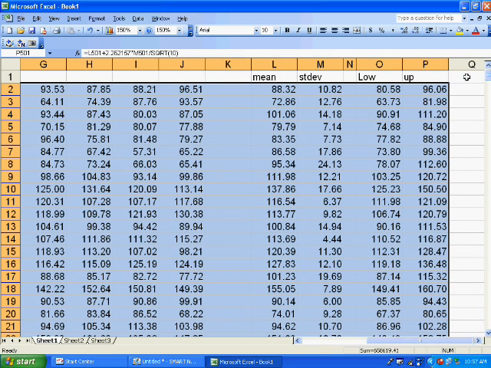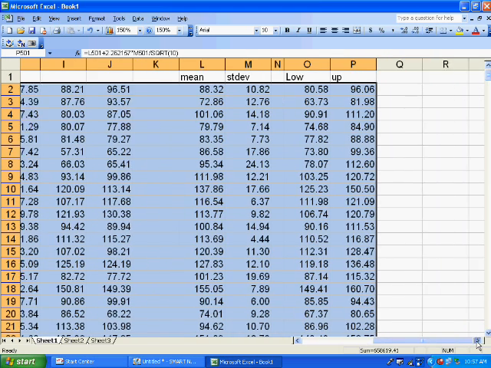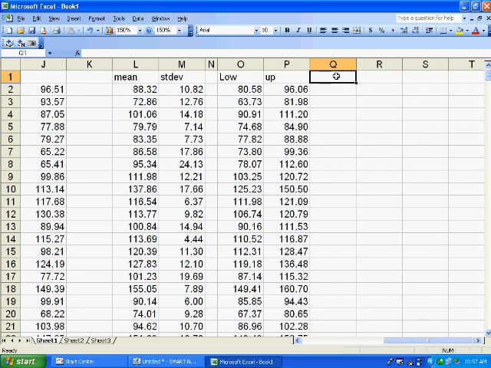I need to say whether it's within it or not. So I need an indicator to say whether I have it. If the confidence interval contains the mean, this is a 95% confidence interval, so we would expect 95% of the confidence intervals to include the true mean.